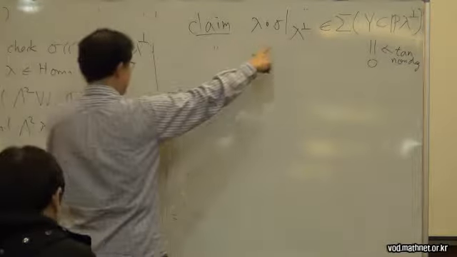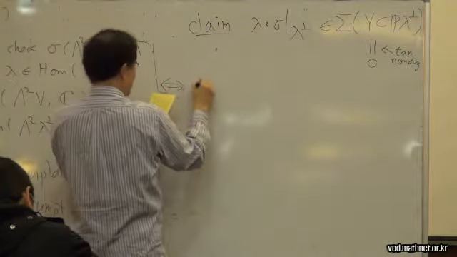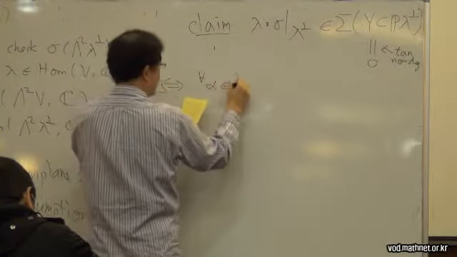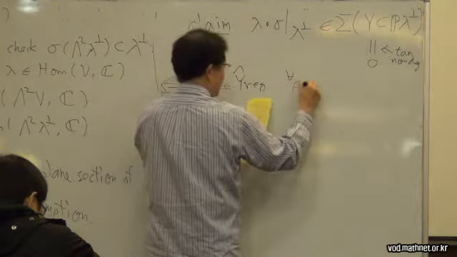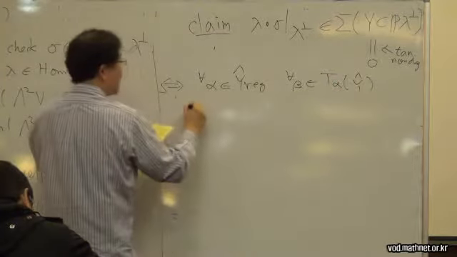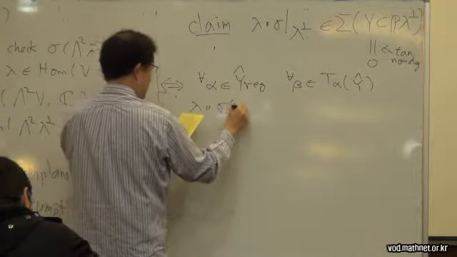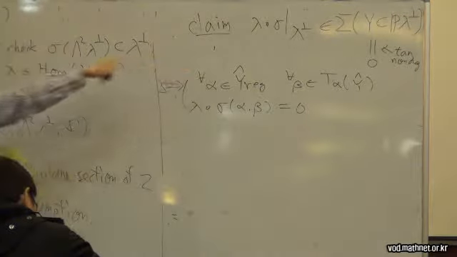But this claim is equal to the following: for all alpha in y hat regular and all beta in t y hat, lambda dot sigma alpha beta is 0. This is equal to the claim.